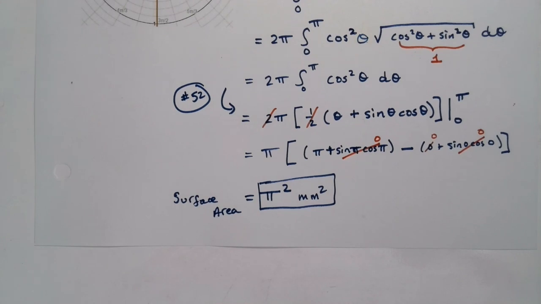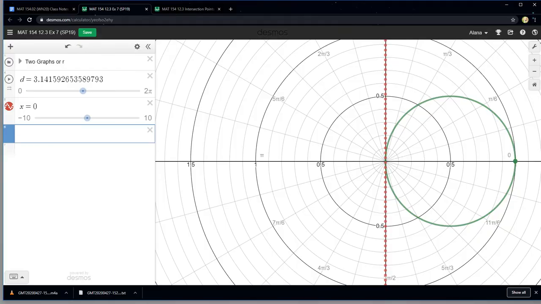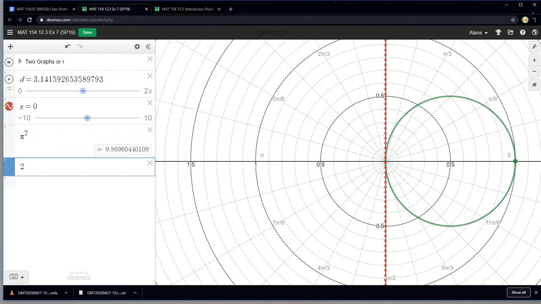Now, if I want to verify it really quickly, I can find out what pi squared is, if I could type it correctly. There you go, so that's no problem. And then I can take the 2 pi times the integral from 0 to pi. I'm actually going to type in the full original problem.